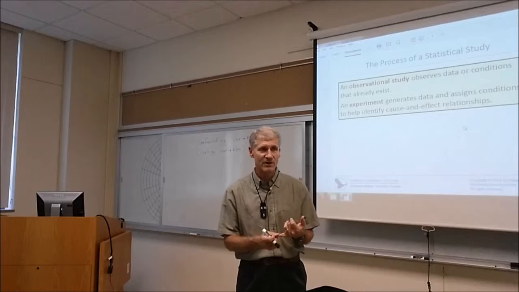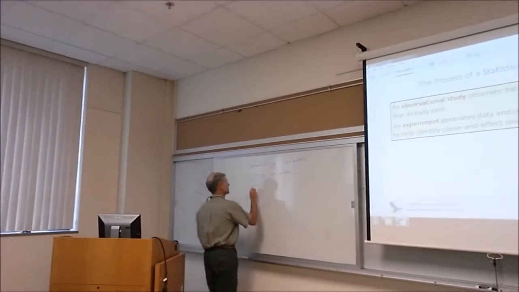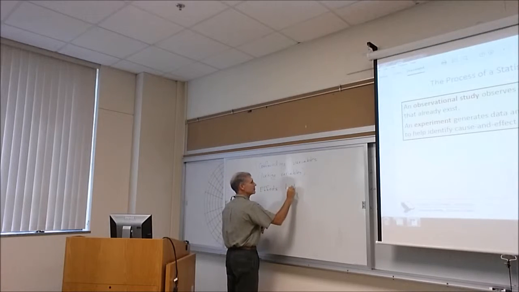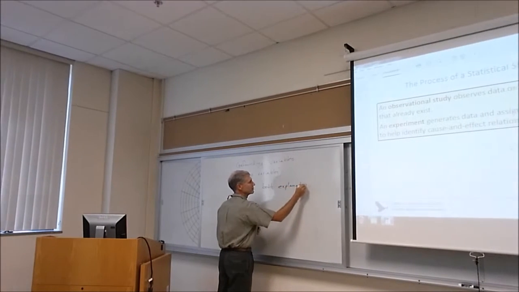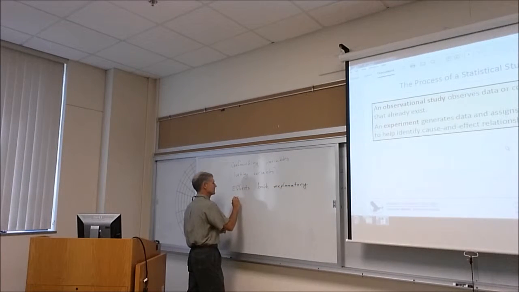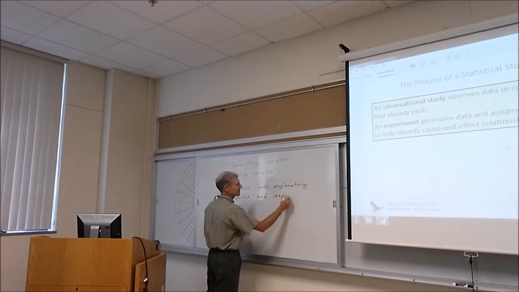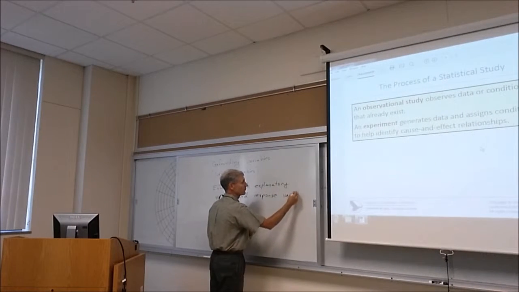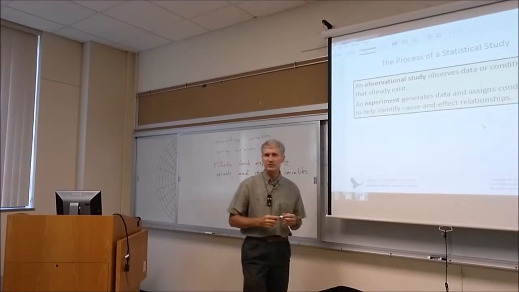So a confounding variable affects both the explanatory variable and the response variable. If it has an effect on both of those things, then you better well control for it in your design or you're going to have invalid results in the end.